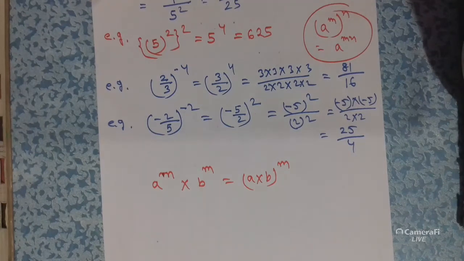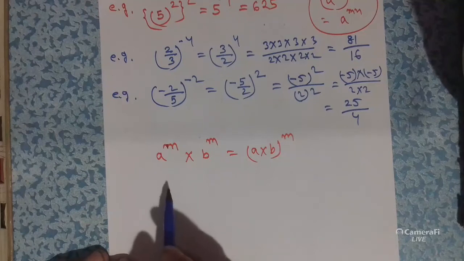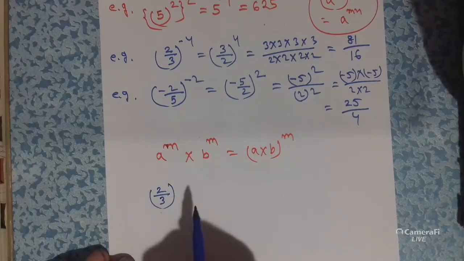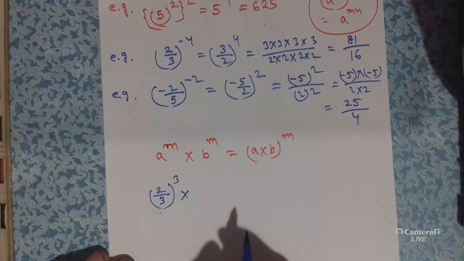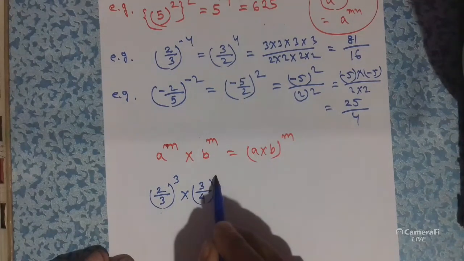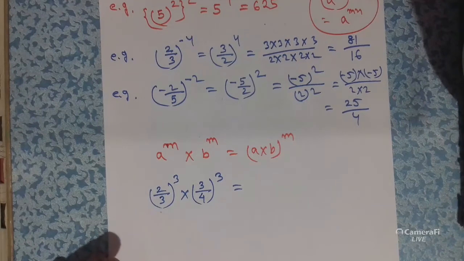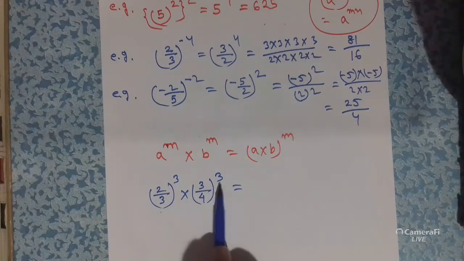So here, suppose (2/3) to the power 3 multiply (3/4) to the power 3. In this case, students, the powers are same, that means exponents are same, but the bases are different.